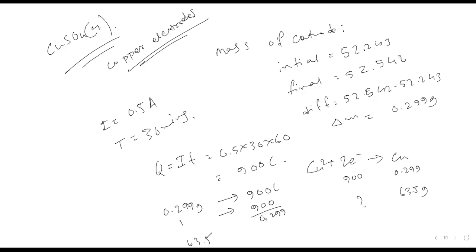That means 63.5 gram of copper will cause 900 divided by 0.299 into 63.5 charge, which is equivalent to 900 into 63.5 divided by 0.299. That is equivalent to 191137.1237. Okay, this is the amount of charge. Now this was for how many electrons? 2 moles of electron.